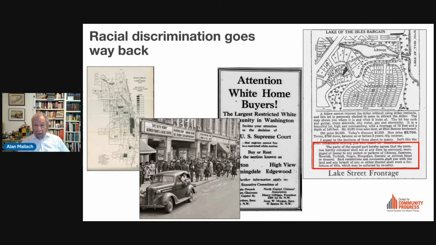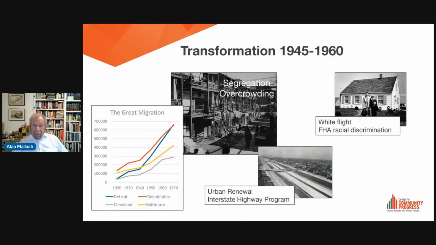And like the one here, which is from Minneapolis, they very often excluded Jews, Asians, and other people as well. So that was a pattern until 1948. Next slide, please.